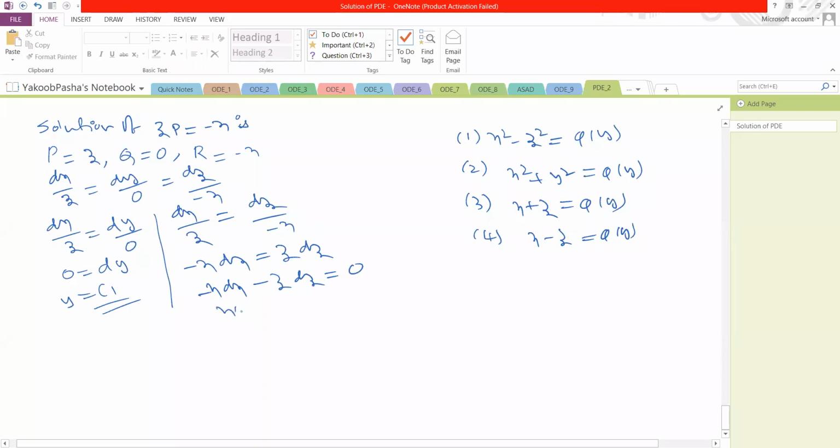So x²/2 + z²/2 = c2, that is x² + z² = c2. This is the second curve.